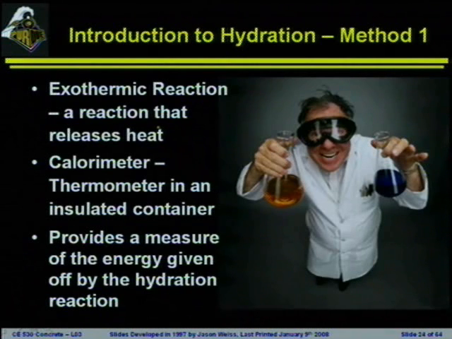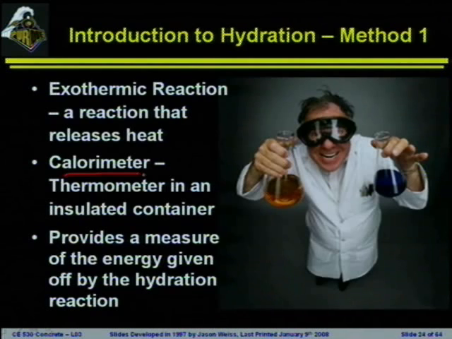And this is something that we need to deal with, and we'll talk about later on from a very practical sense from field applications. You could also cook an egg on the concrete if you really wanted to. It's going to give off a substantial amount of heat. And if we measure the amount of heat that's given off, that gives us a way to quantify the extent of reaction that's taken place. So we could put this into a calorimeter.